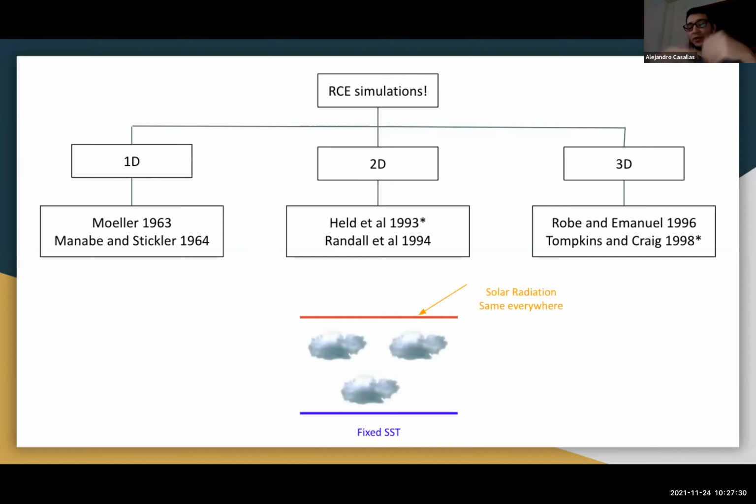If you let it run and some time passes, you will get convection, and the convection normally likes to organize. It could be that it doesn't happen, but normally it happens. The dimension of this box is normally 100 kilometers by 500 kilometers, and in the vertical it is more or less 25 to 30 kilometers.